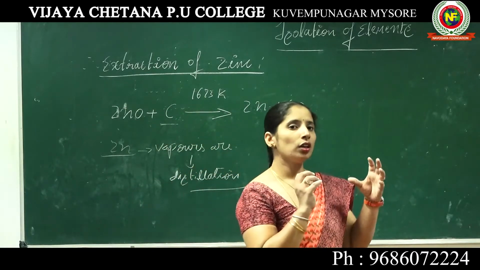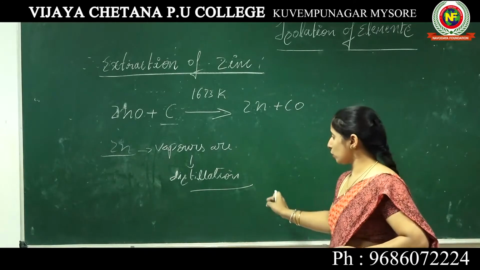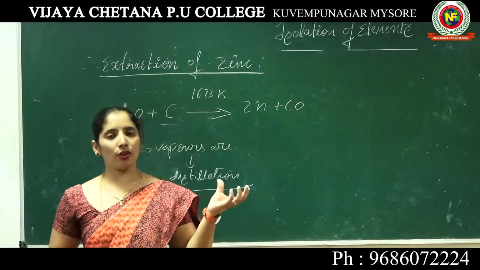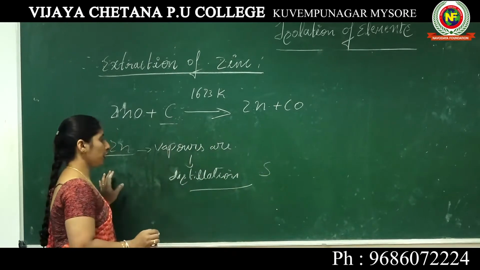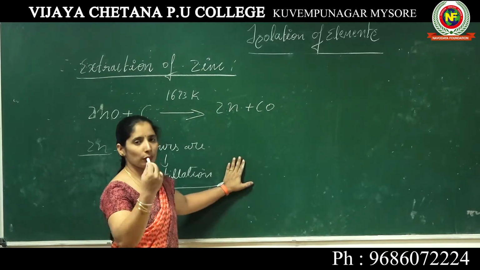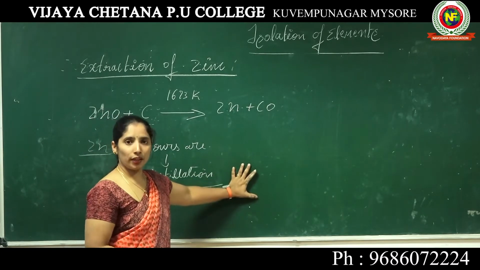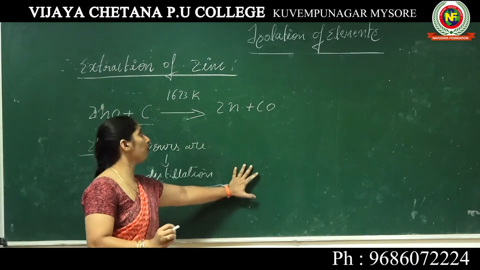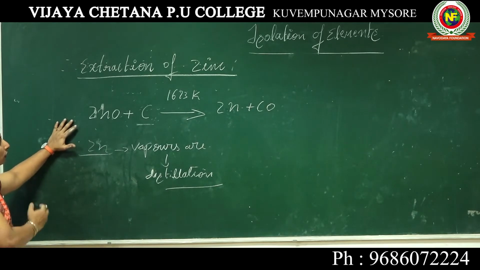The zinc gets converted into a solid through rapid chilling. The vapors evaporated through distillation are allowed to cool to form solid zinc through rapid chilling. So this is how we can extract the zinc through this process.